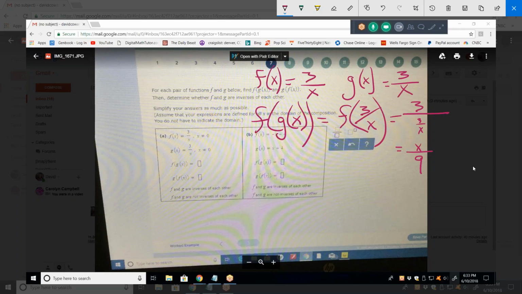Okay. Now, let's figure out g of f of x. I would do the same thing. They made the two functions the same, so this is fairly easy. Now, is one an inverse of the other?